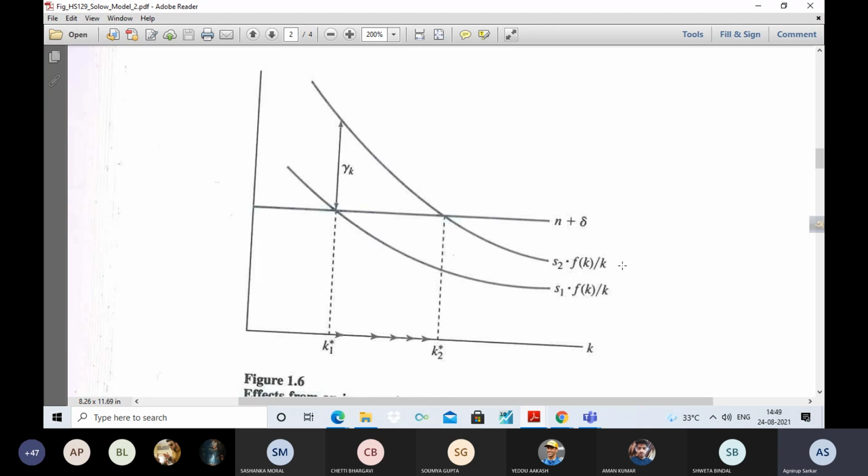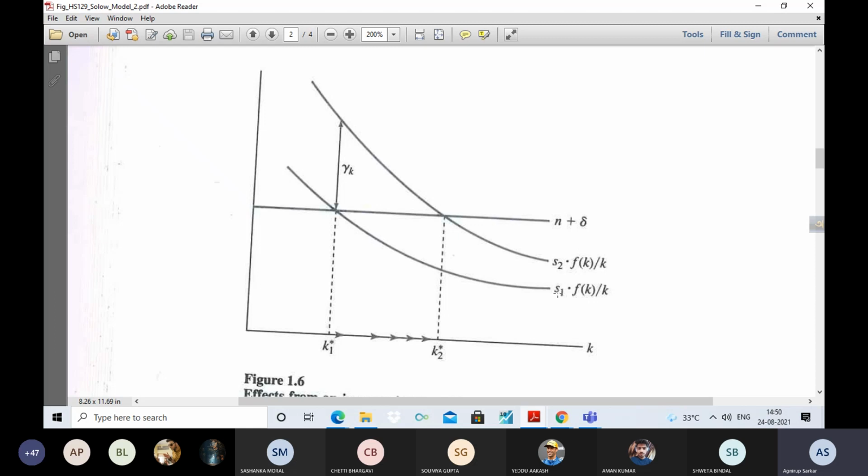So basically, whatever parameters we are noticing here in this particular figure, see all the different schedules, they deal with certain parameters, right? There's N, there's delta, the saving rate, etc. Any changes in these parameters might reflect shifts in household behavior or changes in government policies, right?